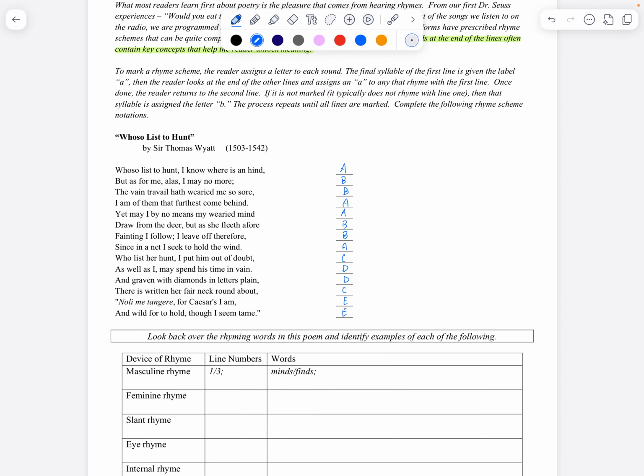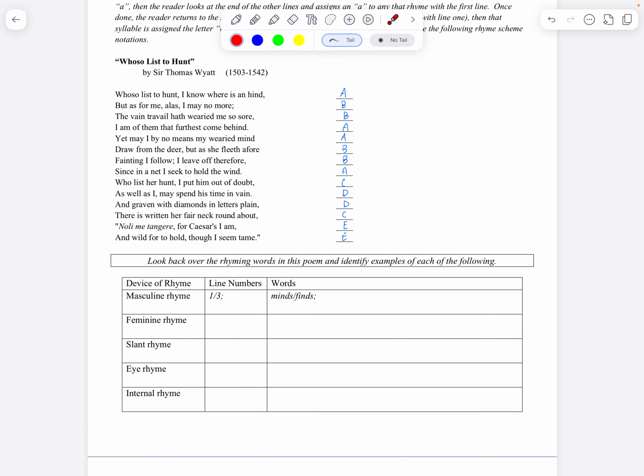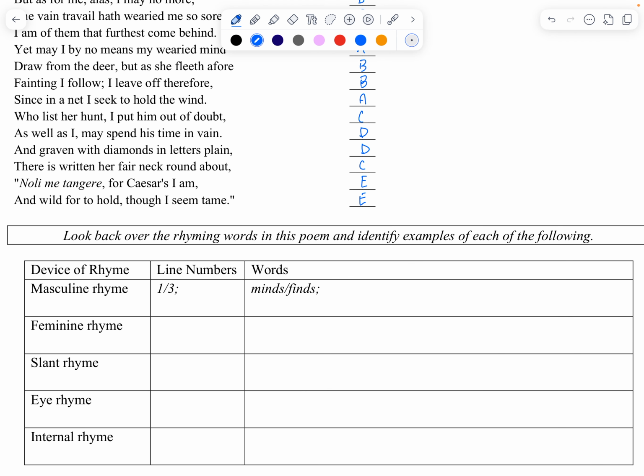Now, when we identify rhyme scheme, we do take time to look at the types of rhymes that we have in our poem, okay? And these are the types of rhymes that you may see in your poem, okay? We're going to get some quick definitions and examples of types of rhymes. Okay, so a masculine rhyme here is going to be a monosyllabic, mono meaning one, okay?